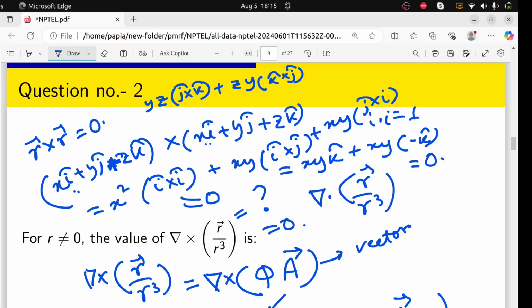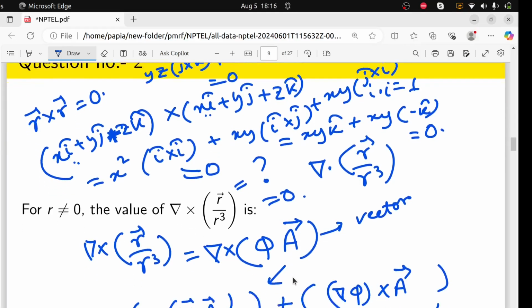So if j cap cross k cap equals minus of k cap cross j cap, and yz and zy are exactly the same because this is a simple multiplication of two scalars, then I can have a 0 value. Similarly, i cap cross k cap and k cap cross i cap will also give me a 0 value. So as a whole, the r vector terms will give me a 0 value.